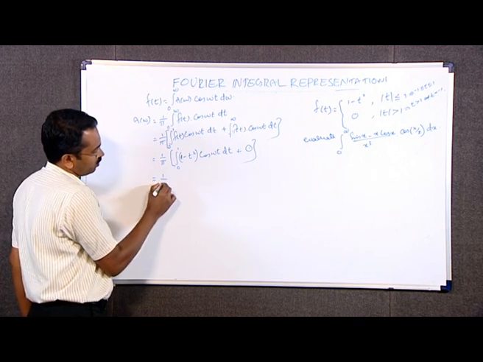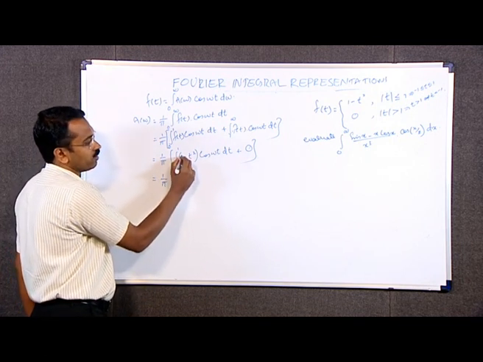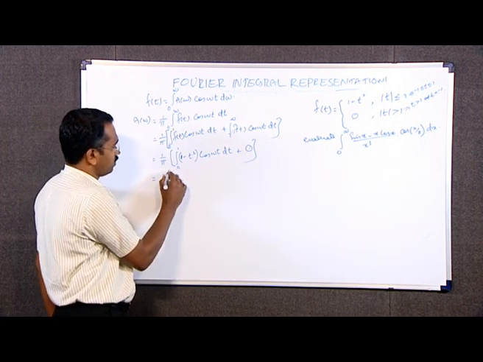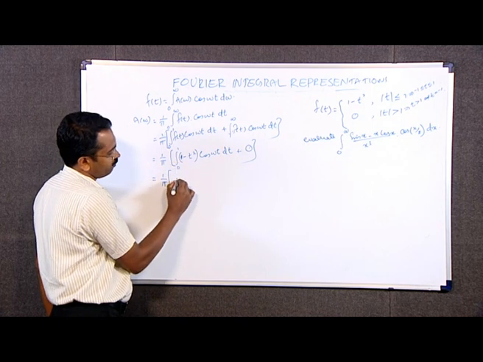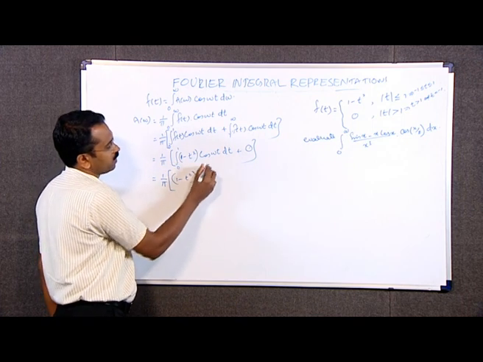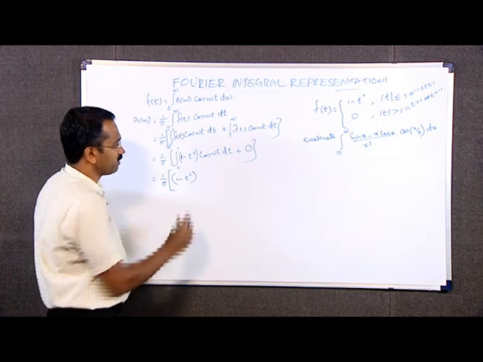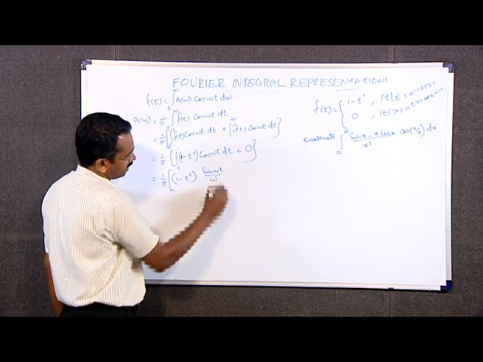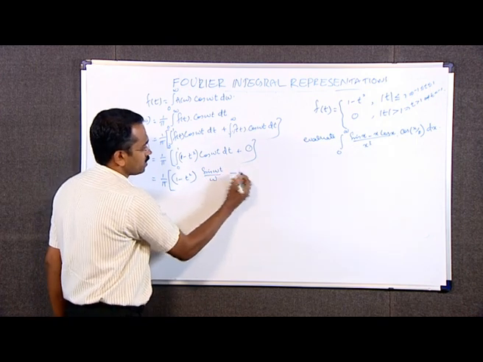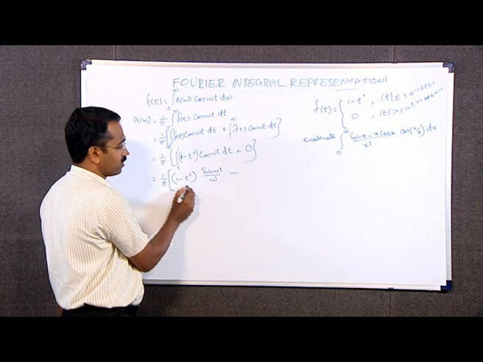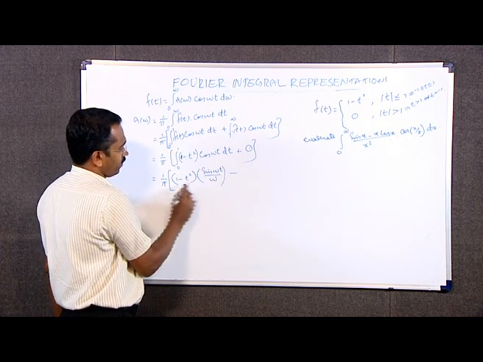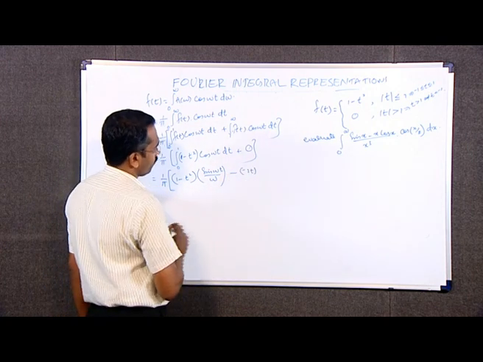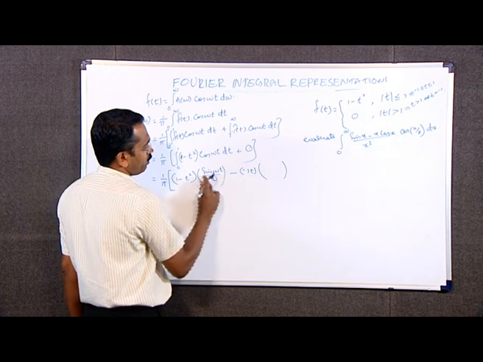This is equal to 1 by pi into, here we use the integration by parts, that is first function into integral of the second. Integral of cos omega t with respect to t is sin omega t divided by omega minus derivative of this function 1 minus t square. Derivative of 1 minus t square is minus 2t into integral of this.